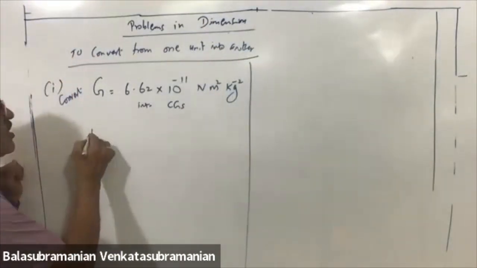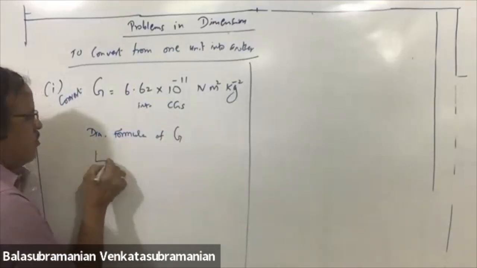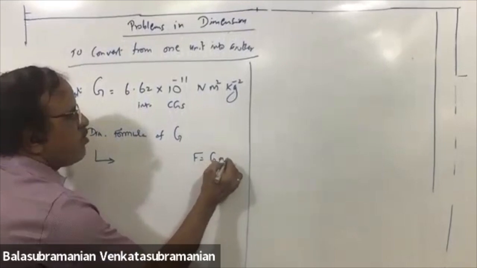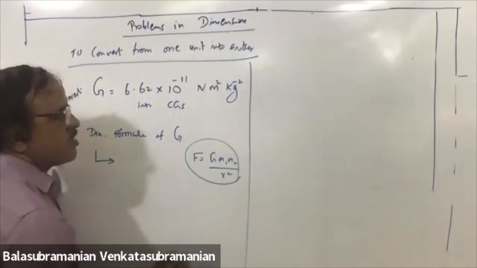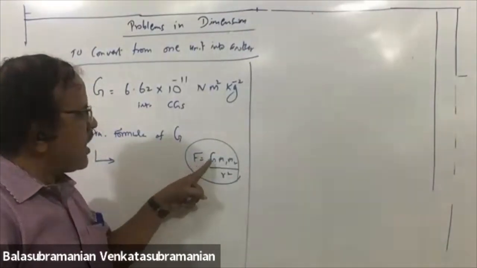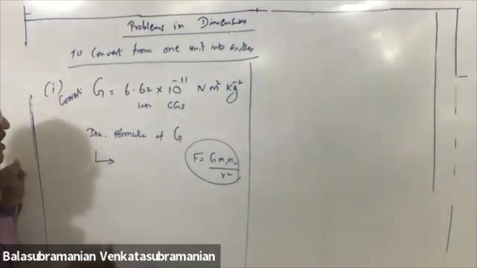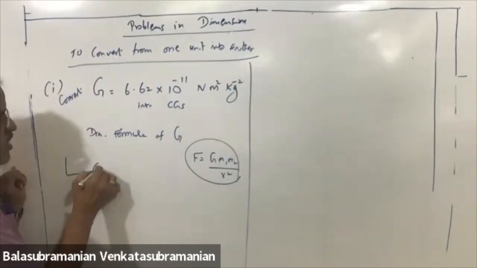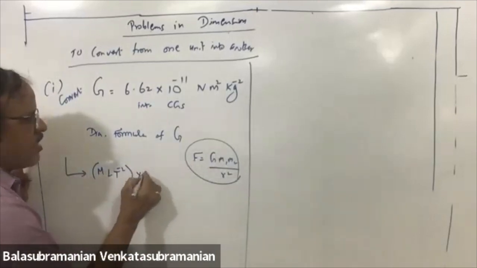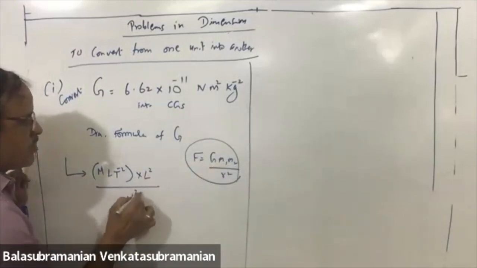Dimensional formula of G. F is equal to G m1 m2 by R square. This is Newton's law of gravitation. So for the G dimensional formula, we have to calculate F r square by m1 m2. What is F? Force. Dimensional formula M L T power minus 2, into R square, that is L square, by m1 m2, mass into mass, M square.